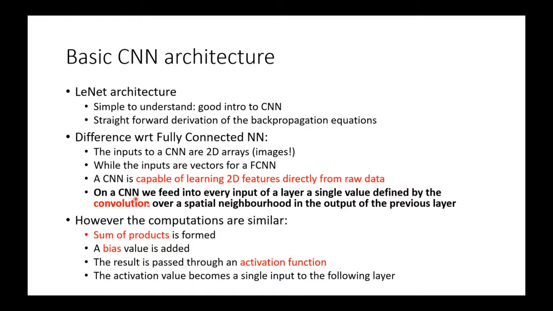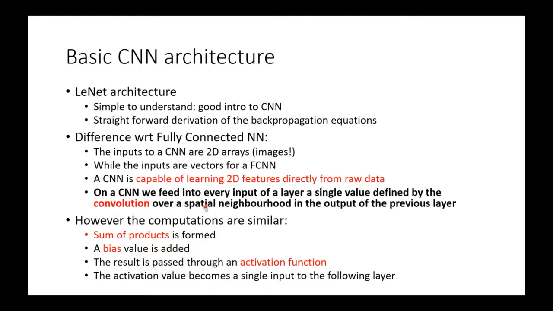In particular, in a convolutional neural network, we feed into every input of a layer a single value that's defined by the convolution. We've learned convolution. I don't think I've had one lecture where I didn't mention convolution, the stuff that you've done for assignment 1.